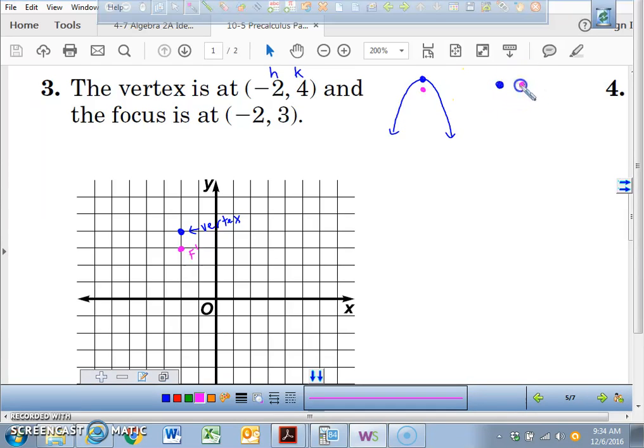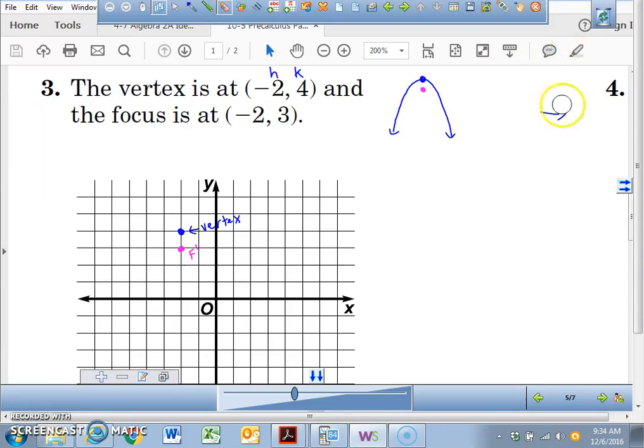If it was right here, then you know your parabola would open going to the right. Okay? So basically, wherever you plot your focus in relationship to your vertex, it lets you know how that parabola opens, whether it opens up, down, left, or right. So hopefully you guys can see that our parabola will look like this.